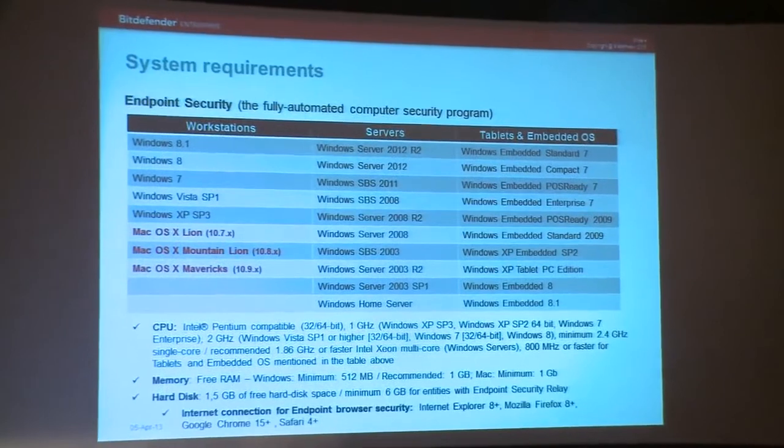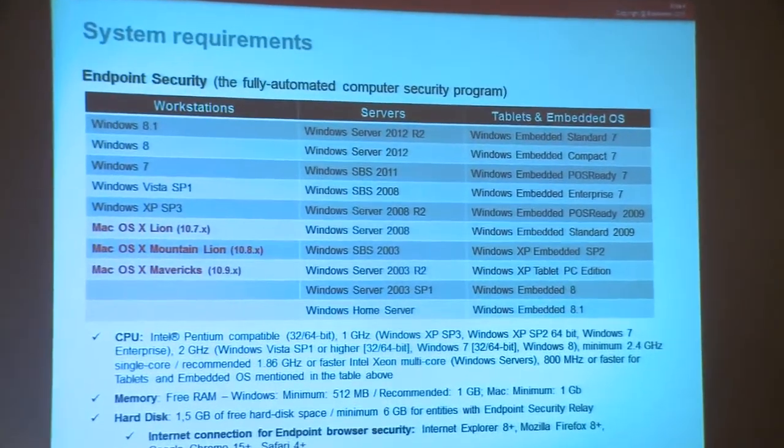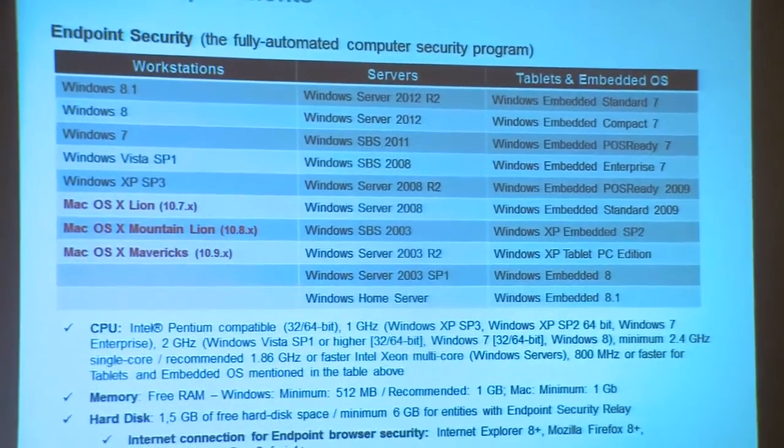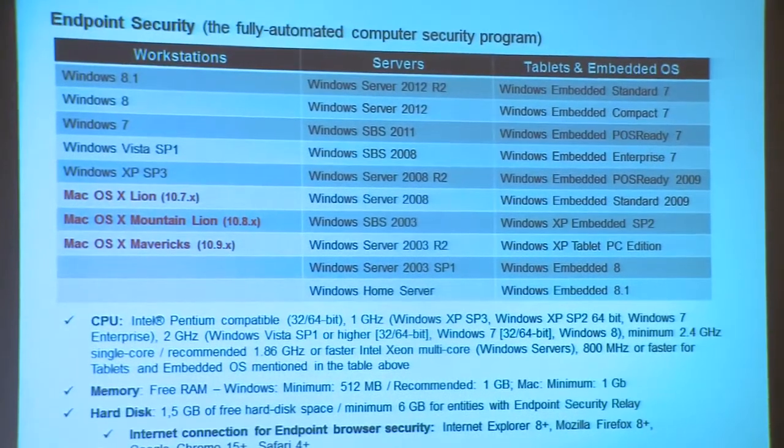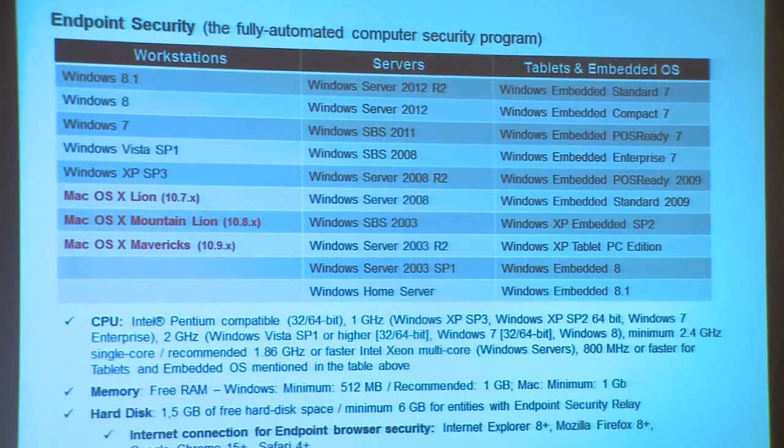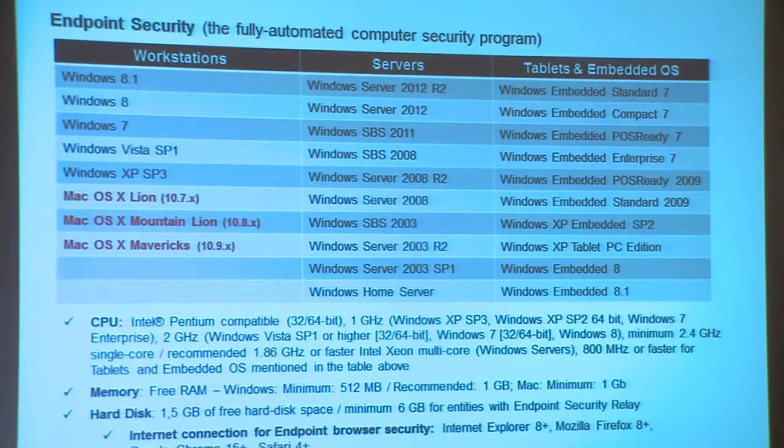We also made it available for Mac operating systems, and it can also be installed on Windows Server operating systems. So the same endpoint security client, that's the name of the antivirus product, can be installed on different operating systems. So it's easier this way. And the other requirements, you can see them at the bottom of the screen.